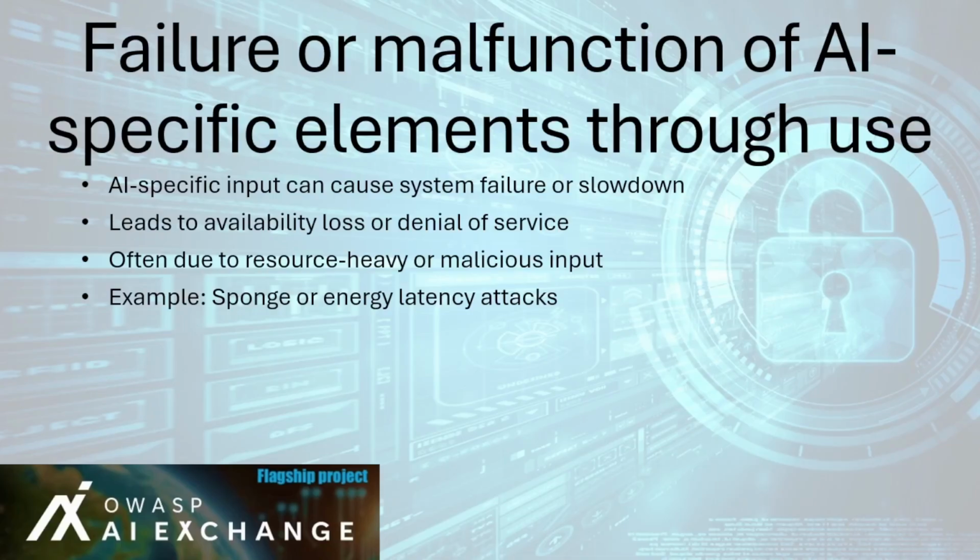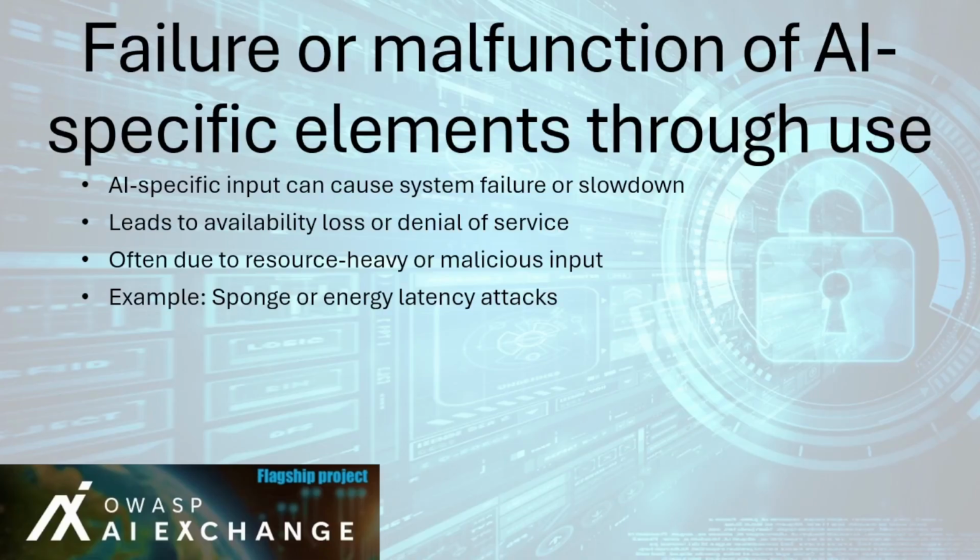AI unavailability can disrupt business operations, safety systems, or service continuity, leading to financial and reputational impact. The benefits of mitigating are: it maintains system uptime and reliability, it protects critical services and user trust, and reduces exposure to denial of service risks.